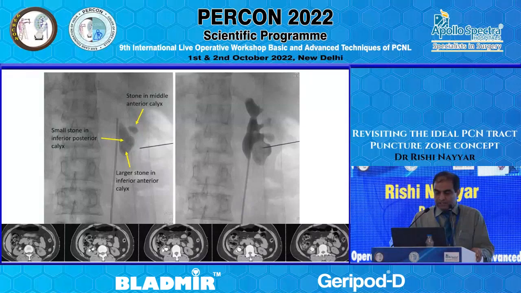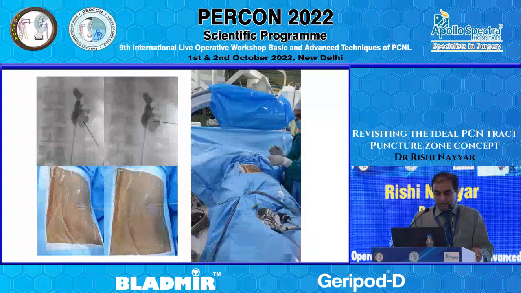In this case, the inferior posterior stone was selected for puncture, and we marked out these 4 points by keeping the tip of the needle at the edge of the calyx in a little caudal alignment of the C-arm, and then the second point would be marked by keeping the tip of the needle with a cranially placed direction of the C-arm.